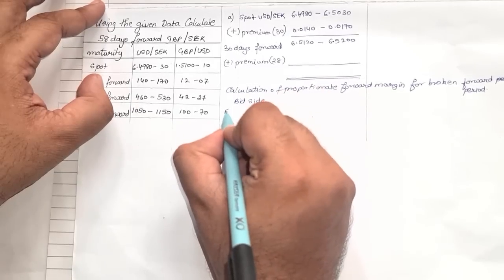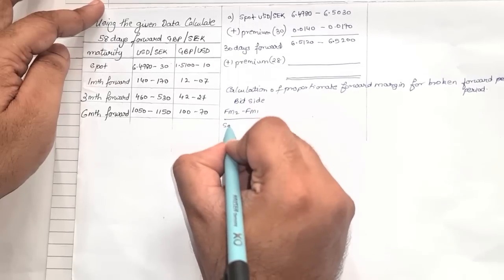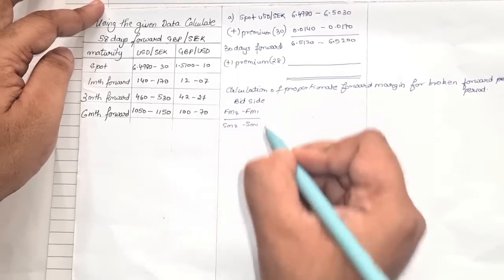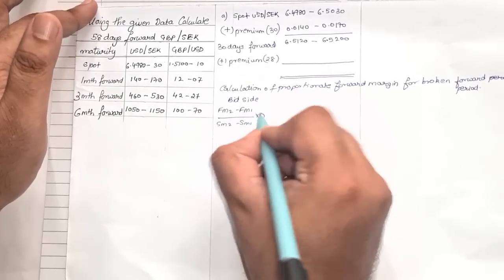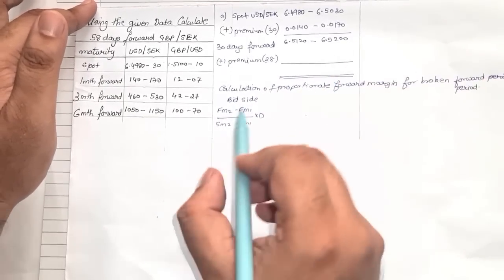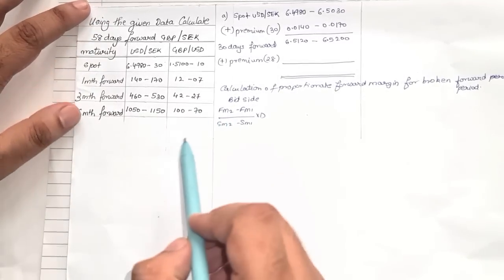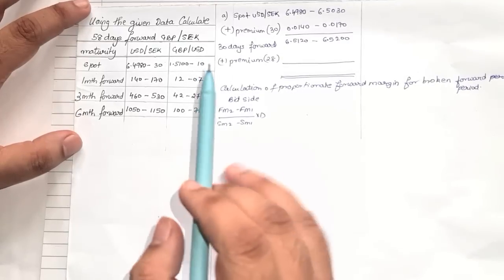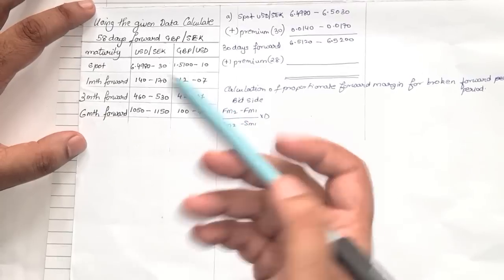The formula is FM2 minus FM1 upon SM2 minus SM1 into the days that are required. Remember, for those for whom this is new, we have already created a previous video where the sum was based on normal proportionate forward without the cross rate.